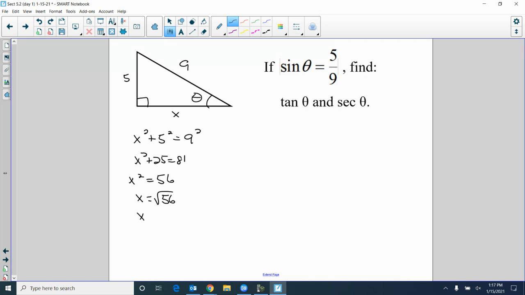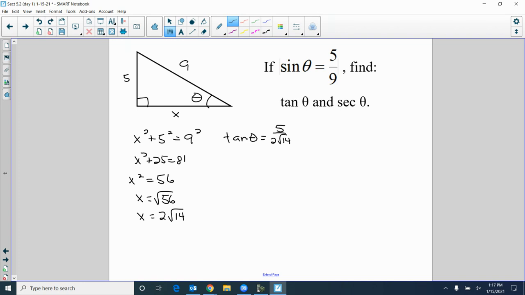So in this case here, a lot of the unit circle and all this we're going to do in terms of exact values. All right, tangent of theta then is going to be opposite, which is 5, over 2 radical 14. What's the only thing I need to multiply by to get rid of the radical? The radical 14. There's a little bit of misconception.